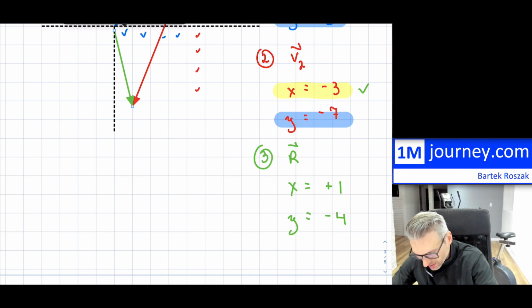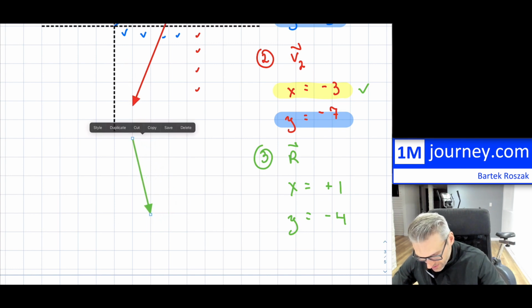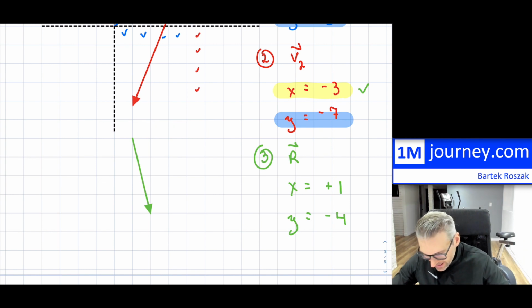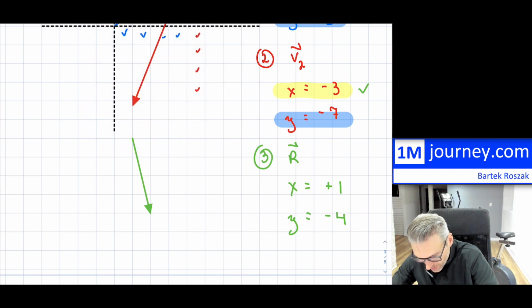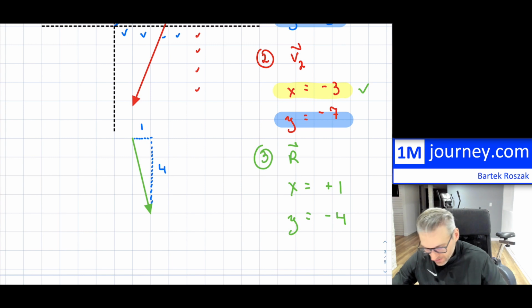So this particular line, if I bring it down in here, okay, so right there, what we would have is that it goes down. So if I want to find out, this is the x, so that's 1, and this is the y, which is 4 places down, so I can find out exactly what my magnitude is.